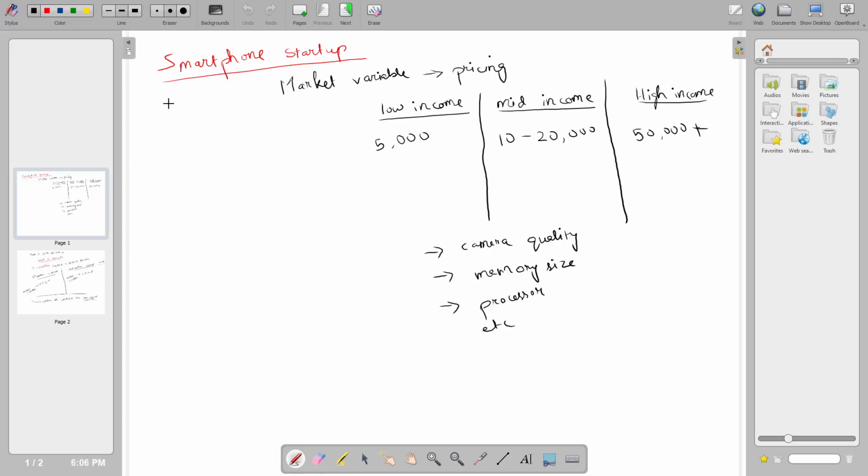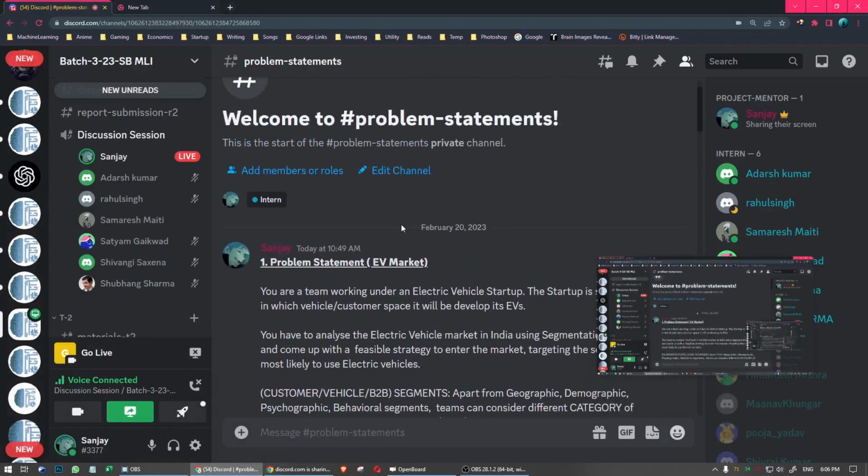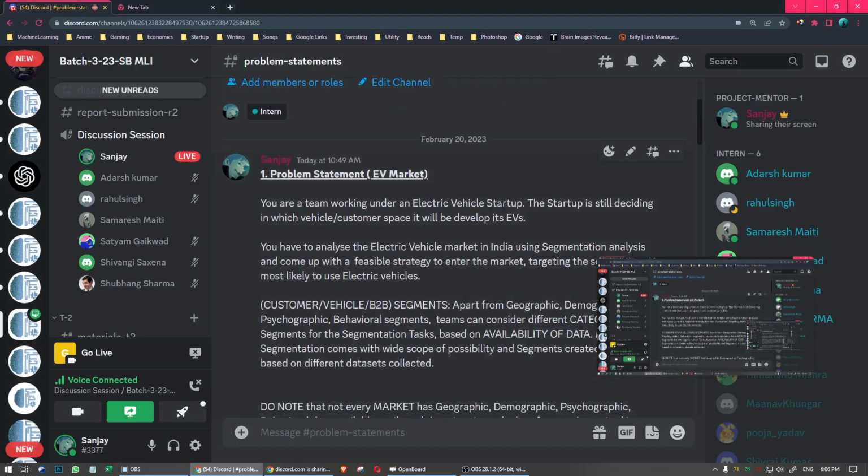Similarly, here you have to perform segmentation, and understand which variables can be used to properly divide the market. By dividing the market based on the variables, we can clearly see at what values we can target the customers.